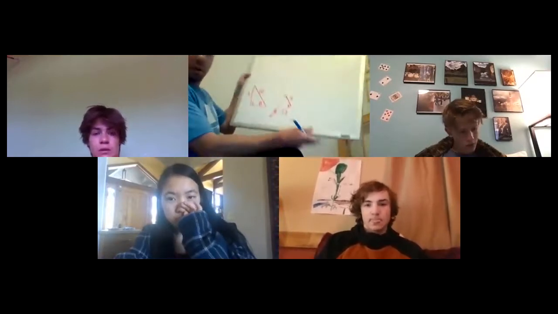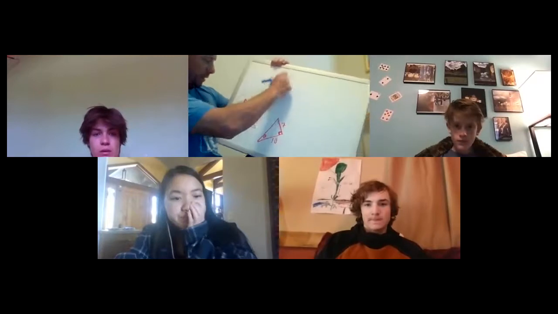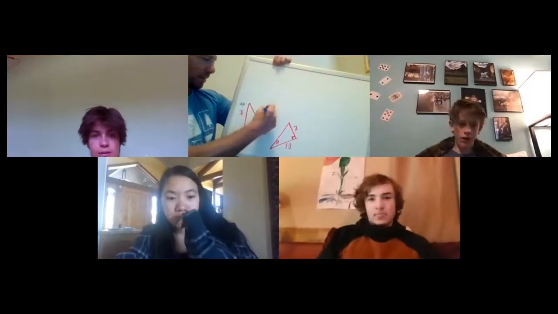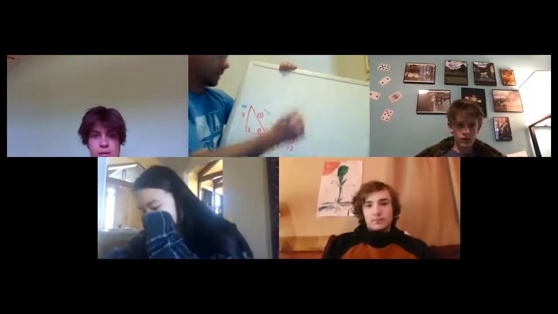All right. Let me erase my other stuff so it's not confusing us too much. So I'll do this first one on the left here. If you're at theta, 7's the opposite, 10's the hypotenuse.